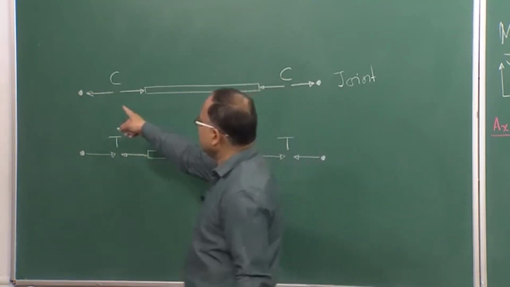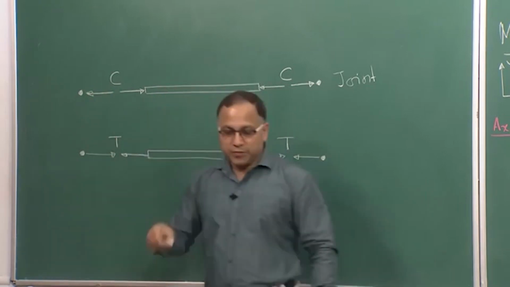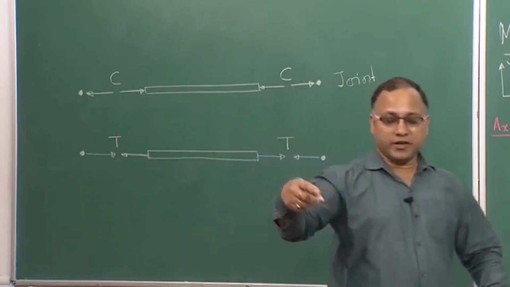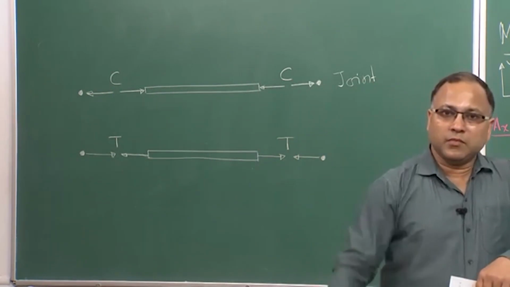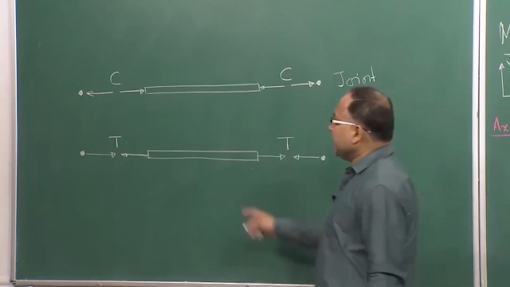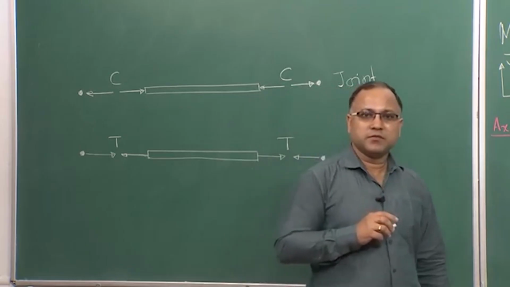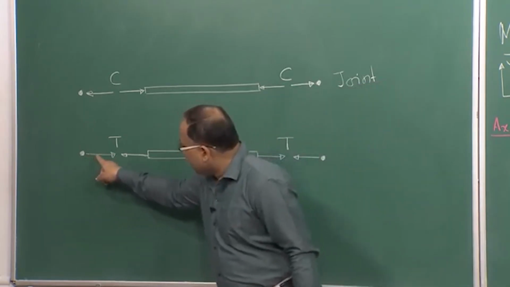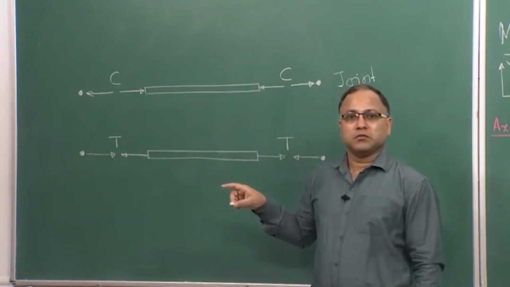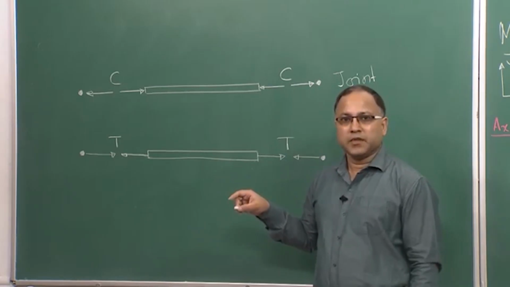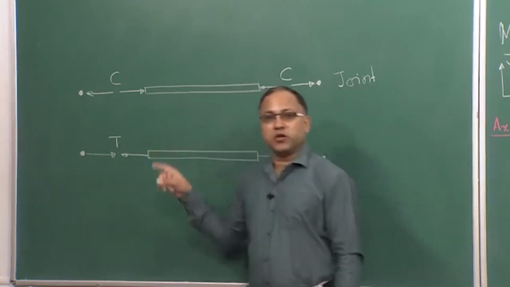You just see here, it is acting towards the joint, that means it is pointing towards the joint, it is coming in. If the member is under tension, then what will be the direction of force on the joint? It will be coming out from the joint, right? It will be coming out from the joint.